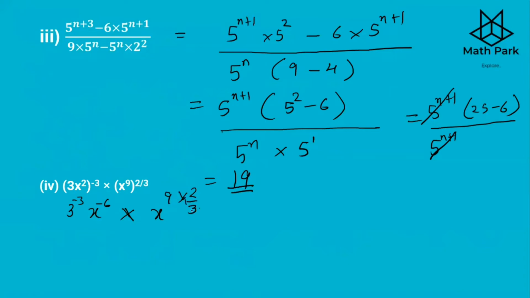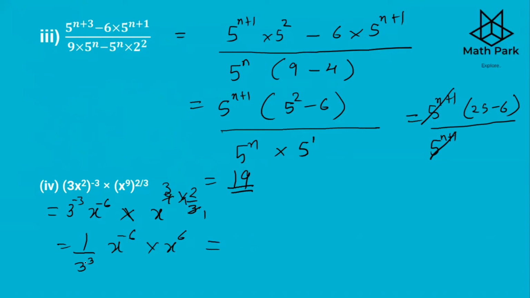Okay. So 3 ones are 3 and 3 threes are 9. Understood? So this becomes 3 raised to minus 3, which is 1 upon 3 raised to 3, into x raised to minus 6 into x raised to 3 twos are 6. We use a raised to m into a raised to n is a raised to m plus n.